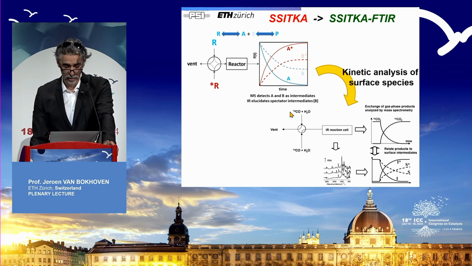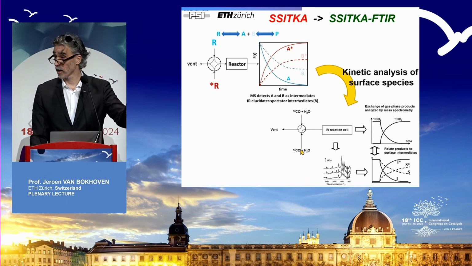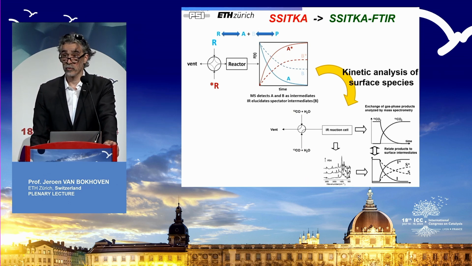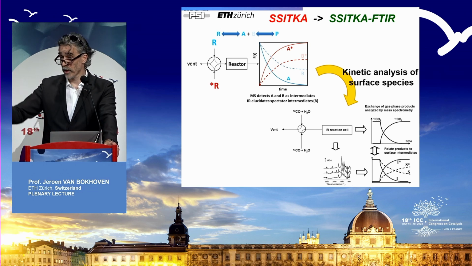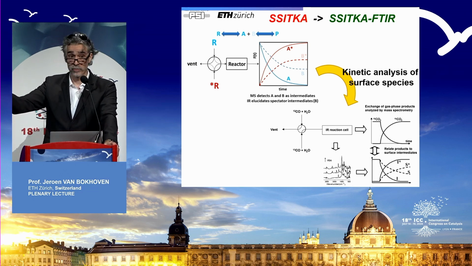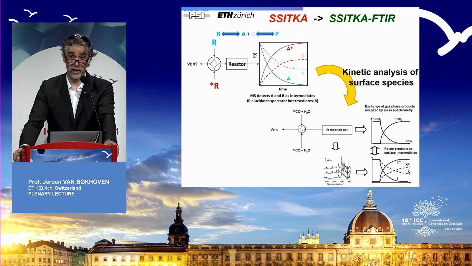So where we have carbon dioxide, carbon 12, we have a rapid switch of carbon dioxide with carbon 13. And of course, it keeps the pressure in the system constant. And in a mass spec, you can see how fast the system is responding. So how fast is my main product, methanol, and how fast is my side product, CO, coming off the system.